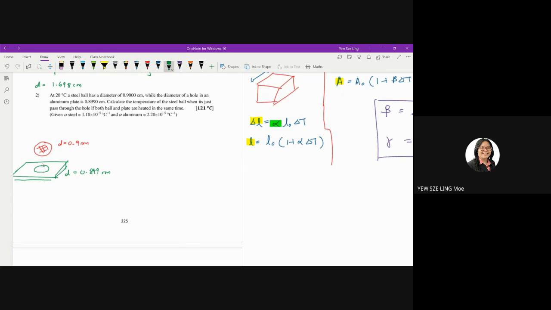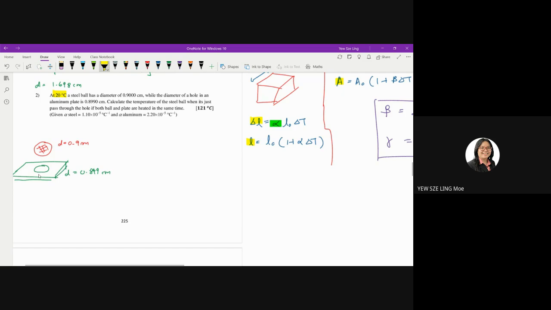So the ball cannot pass through it, right? Calculate the temperature of the steel ball when it just passes through the hole, if you heat both ball and plate at the same time. Sekarang kamu panaskan dia. Now you heat both of them at the same time. So at what temperature will it be able to pass through? 20 degrees C tak boleh. So you heat it up.